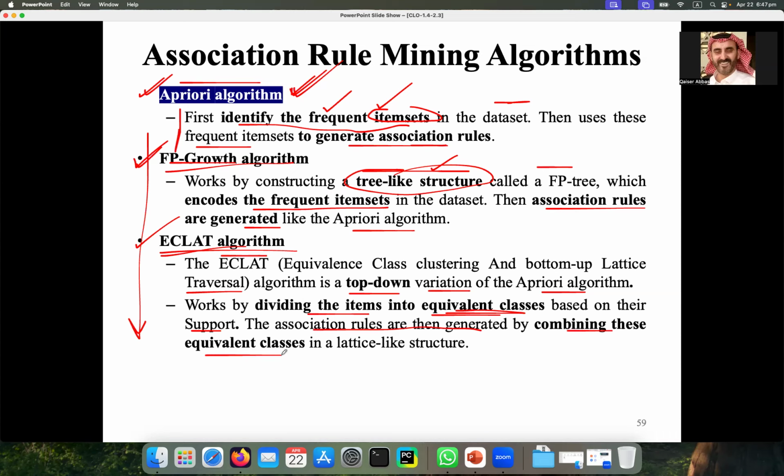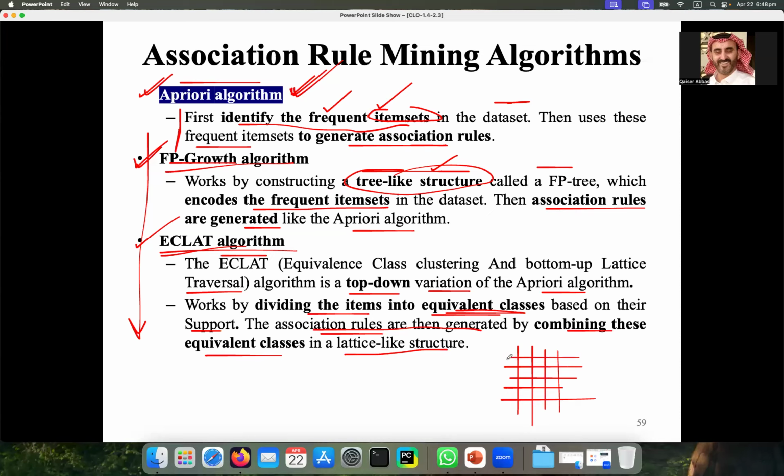So if items have different frequencies, for one item set, for example, 100, and there is some other item at the end that maybe has 100, now you are combining them. These are not complex algorithms, this is a simple one. Then you are combining and generating association rules in a lattice-like structure. What is a lattice? Think of the net of a window, where you have a cube-like structure.